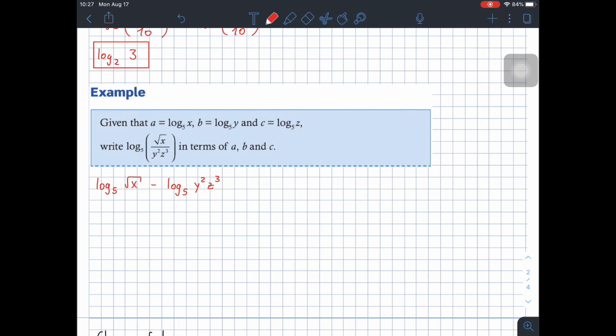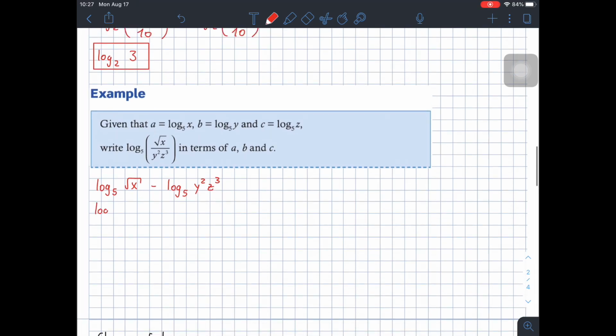So this is the same as saying log base 5 of square root of x minus parentheses log base 5 of y squared plus log base 5 of c cubed. Okay? So I can distribute the negative sign, and this would be log base 5 of square root of x minus log base 5 of y squared minus log base 5 of c cubed.